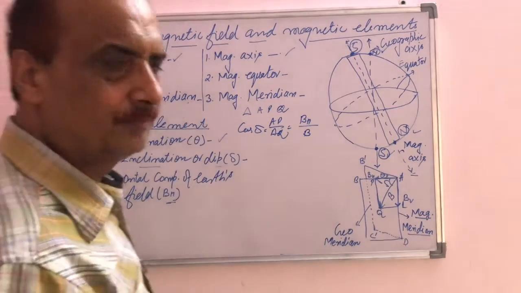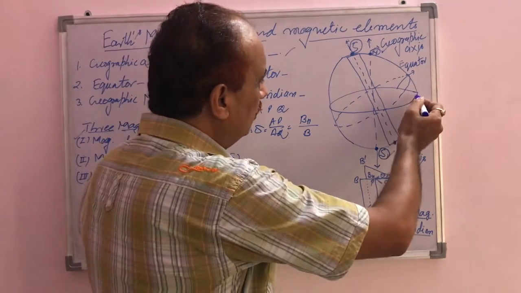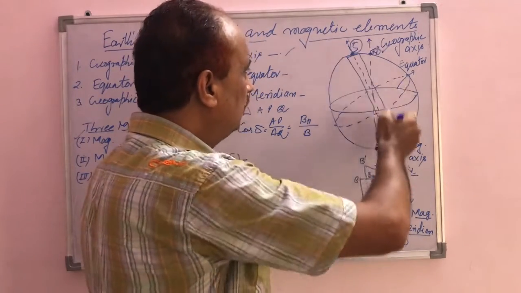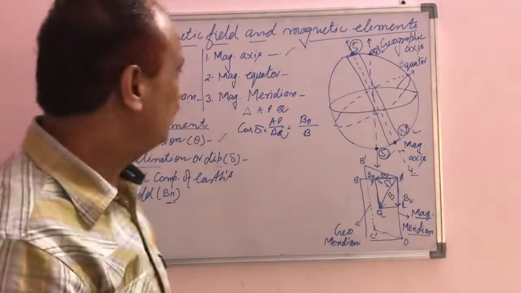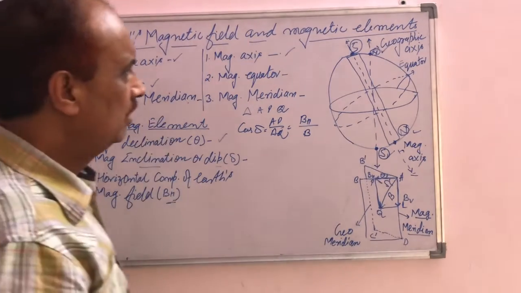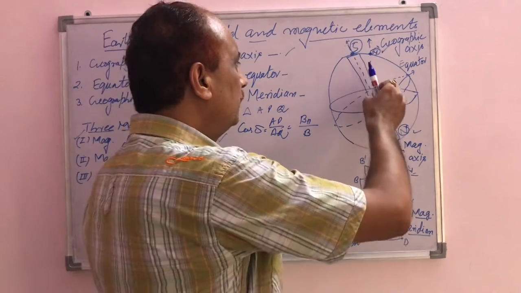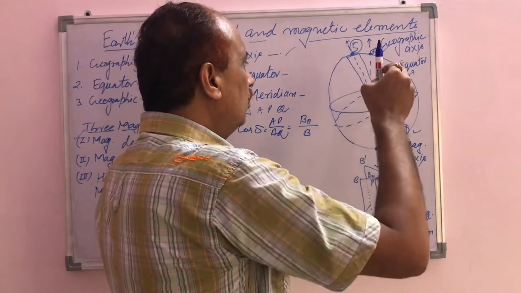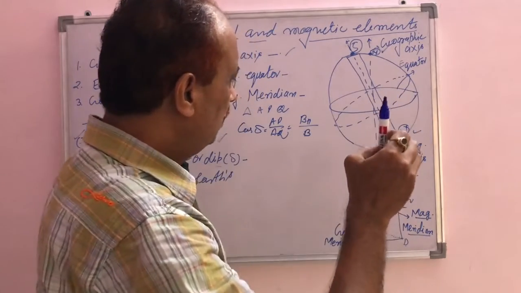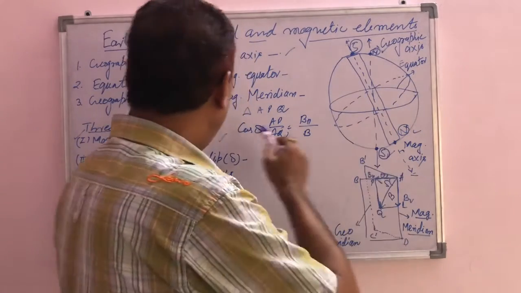Next is the equator. If we draw a great circle on the Earth's surface perpendicular to the geographic axis, it is known as the equator. Next, what is the geographic meridian? A vertical plane on the geographic axis is known as the geographic meridian.